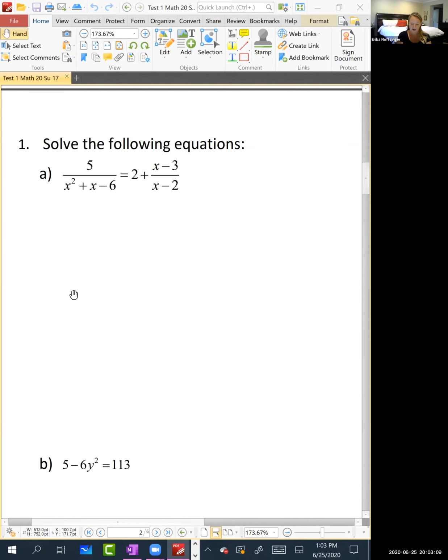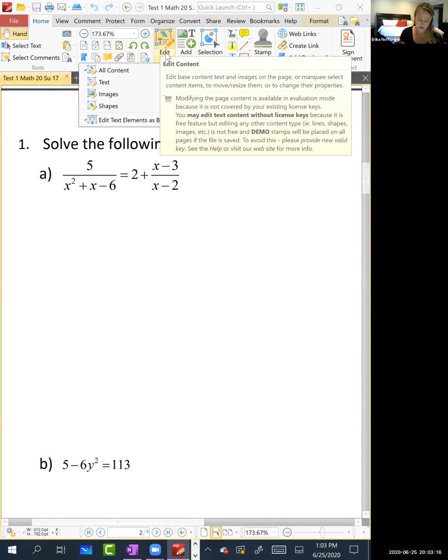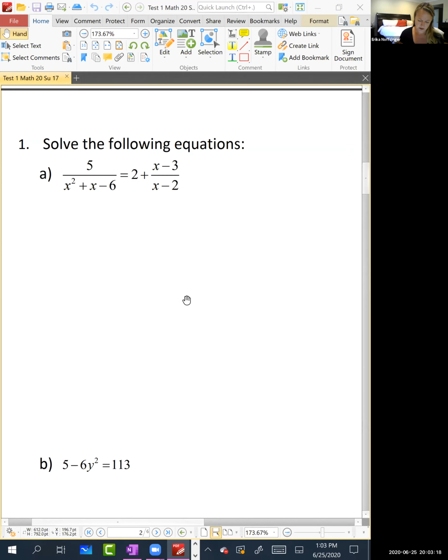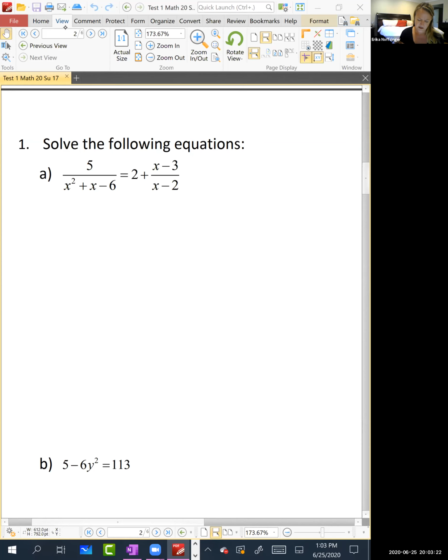Let's see if I can write on this with no problem. Usually I don't write on this page though. I usually don't write on this PDF.